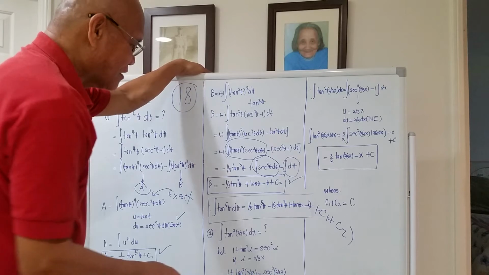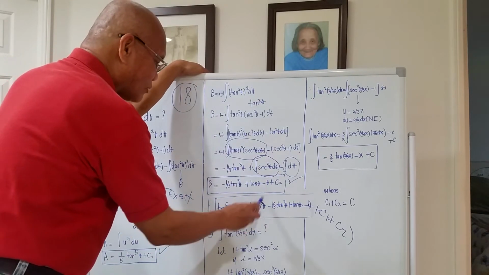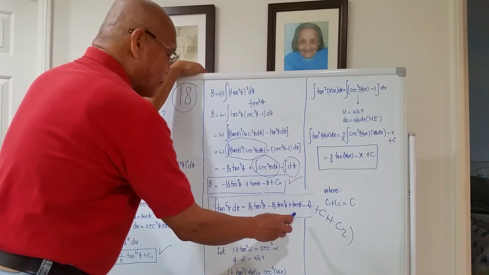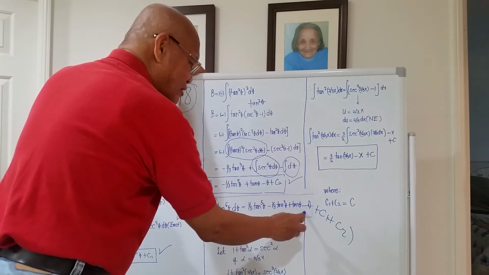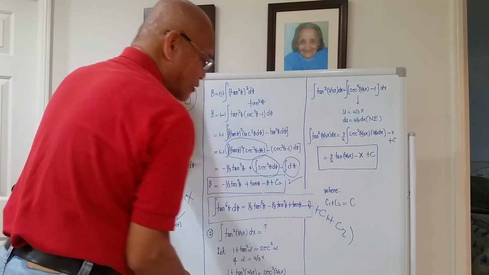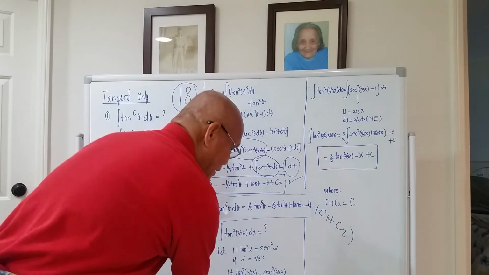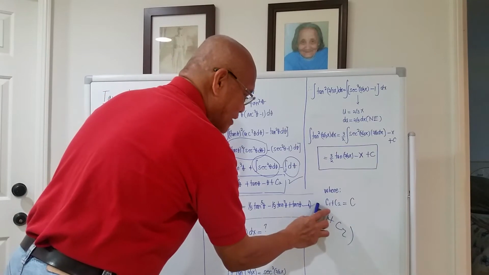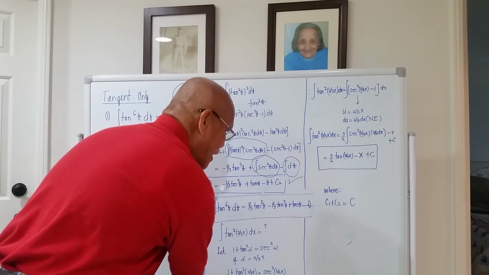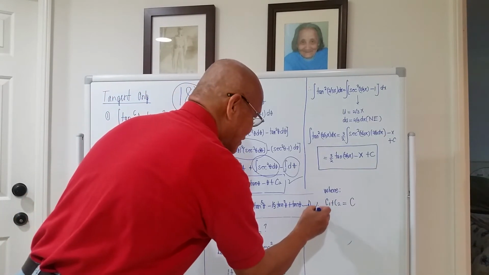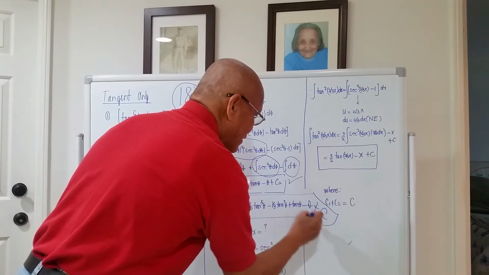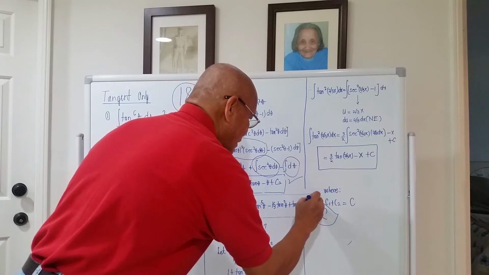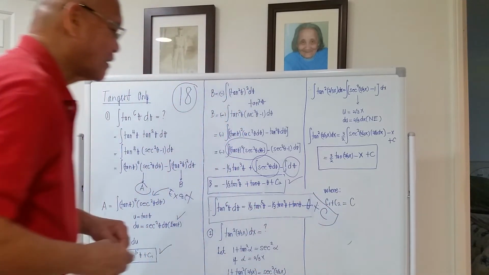So the final answer is actually 1/5 tangent to the 5th of theta minus 1/3 tangent cube of theta plus tangent of theta minus theta plus C1 or C2, or we will let the value of C1 and C2 be simply C. That's the final answer.